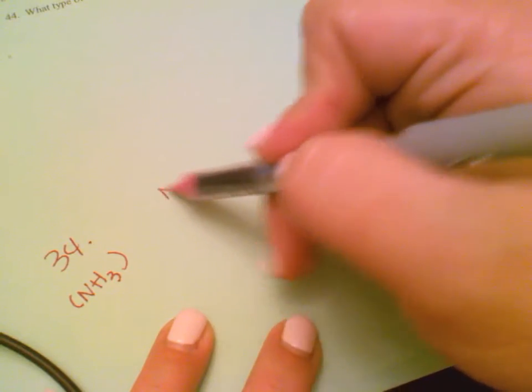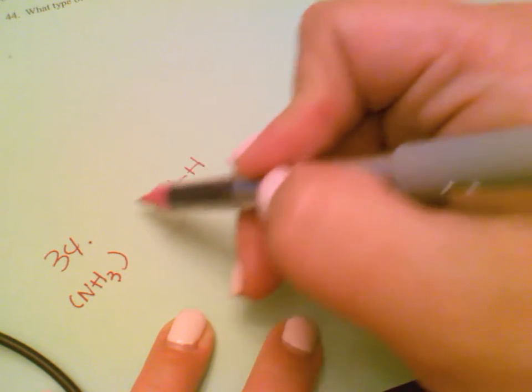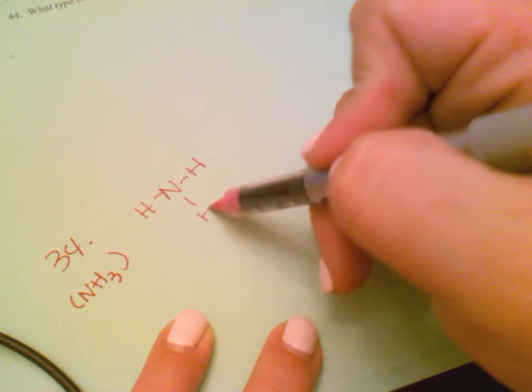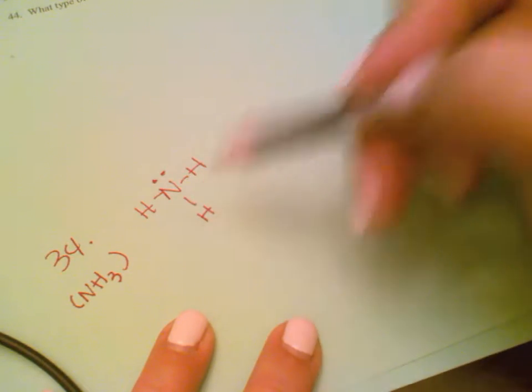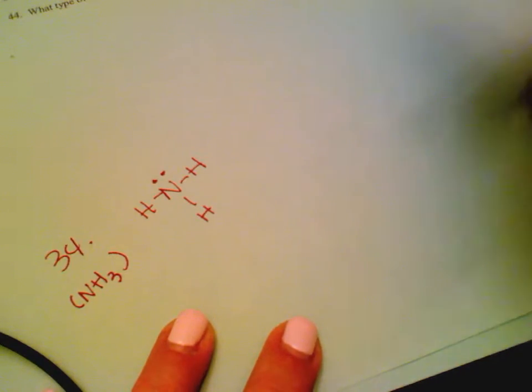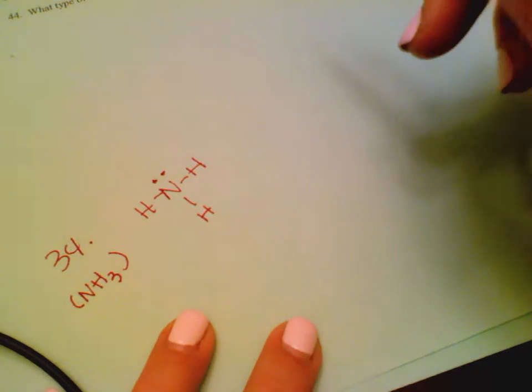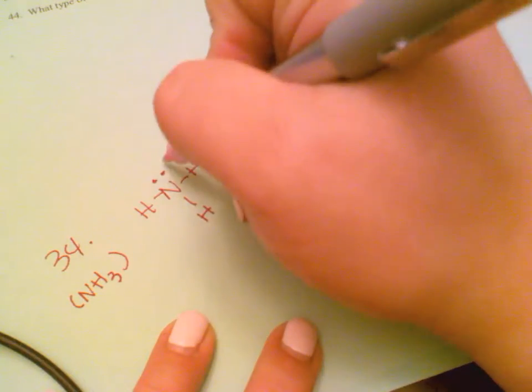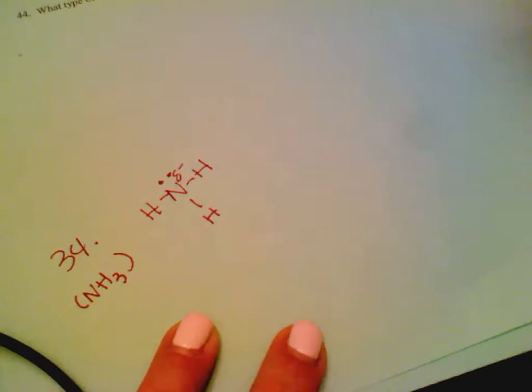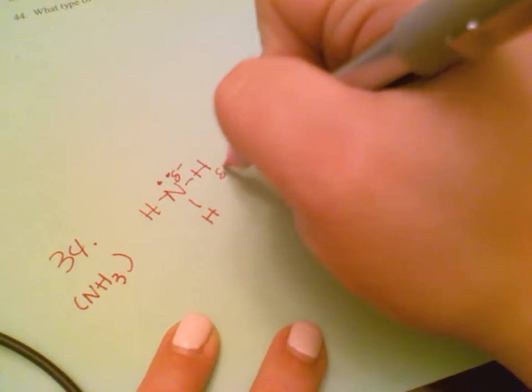So if ammonia is NH3, it looks like this. Remember that this would be a polar molecule, it's asymmetrical, so it has poles, so it has partial positives and partial negatives. The N is going to be partially negative, where the H's are all going to be partially positive.